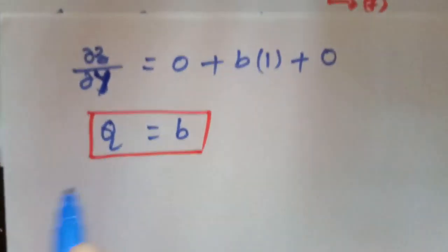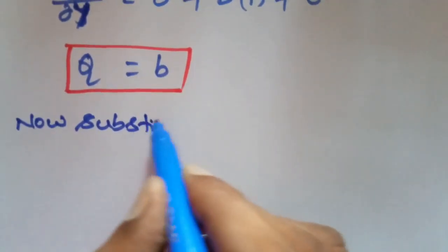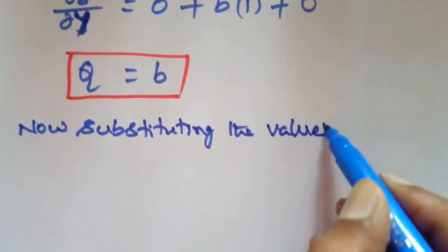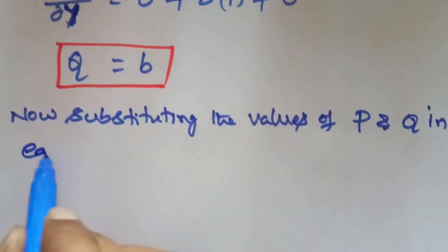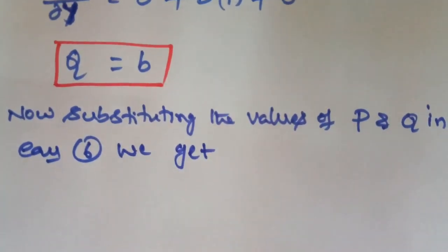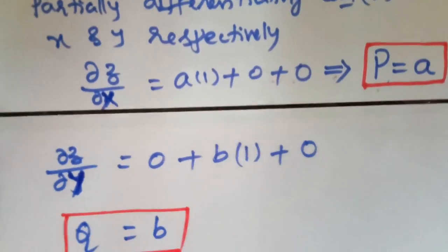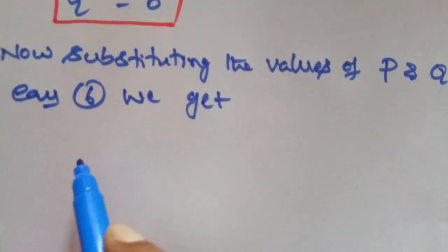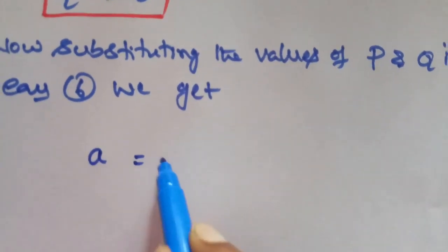Now substituting the values of capital P and capital Q in equation 6. We get Q is equal to B and P is equal to A. Therefore, A is equal to B square.